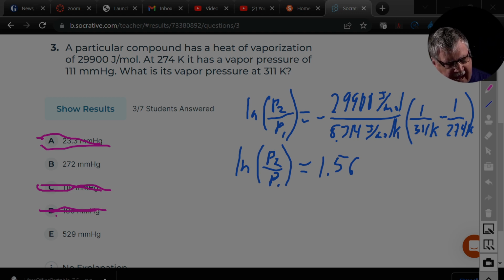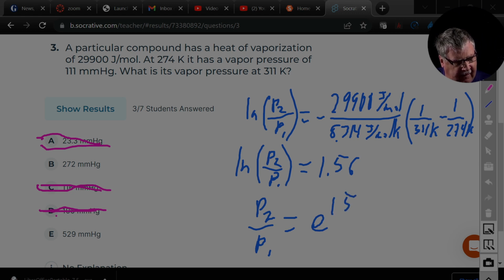So if I do the math, I get this. The natural log of the ratio of P2 to P1 is 1.56. How do I get rid of that natural log term again? Yeah, so if I want to calculate the ratio of P2 to P1, what I'm going to do is take e raised to the 1.56 power.